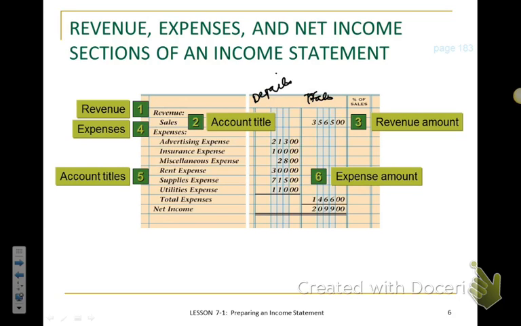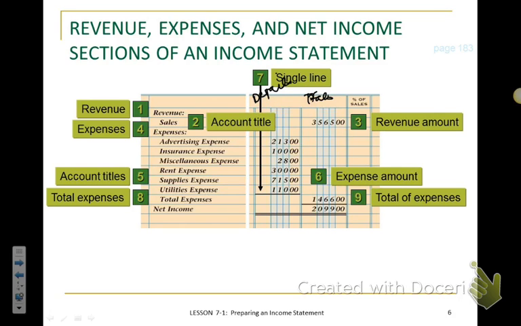If we had 2 different categories of revenue, we would put internal sales and sales online in the details, and then we would put the total over here in the totals column. Just like with our expenses, where we put the details here, then we put the total of our expenses over here. We single rule here to show that we're adding this up, and we put the total expenses in the totals column.